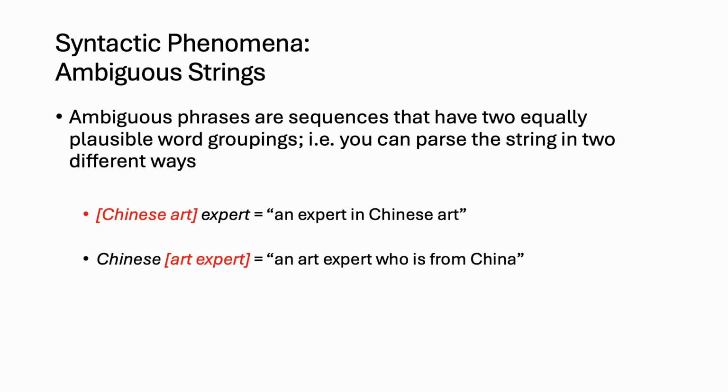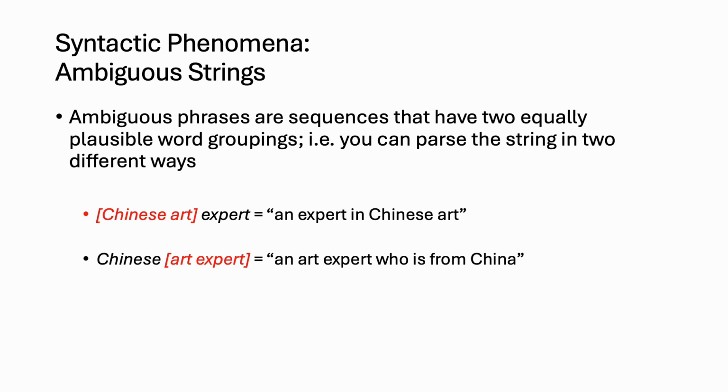So if we look here, there's two perfectly plausible word groupings. You can parse the string in two different ways. You could say a Chinese art expert, which is an expert in Chinese art, or a Chinese art expert, an art expert who is from China.